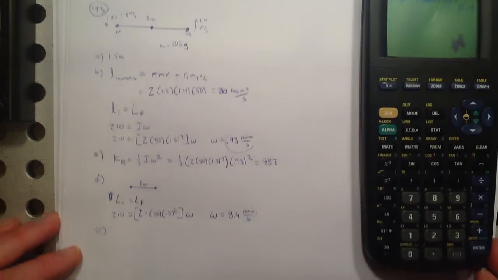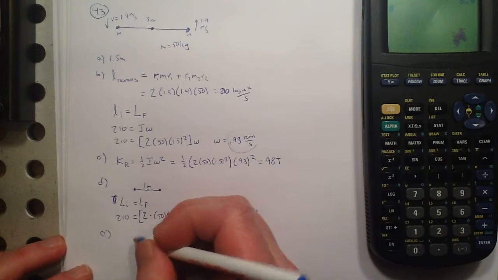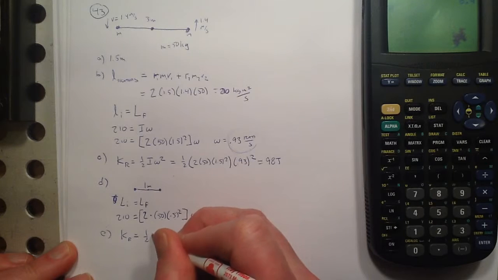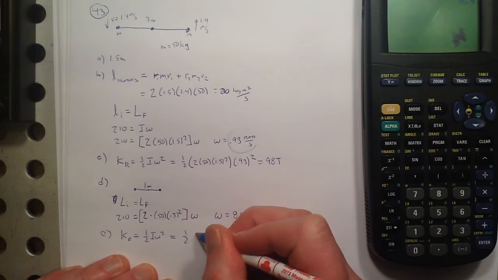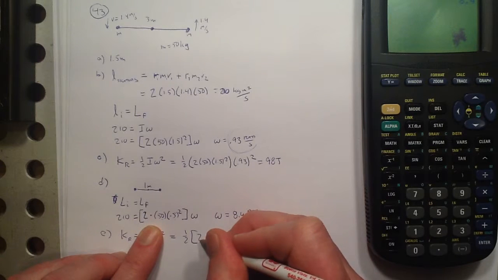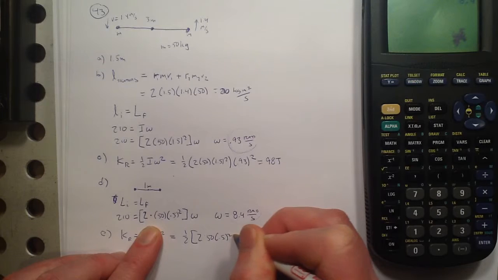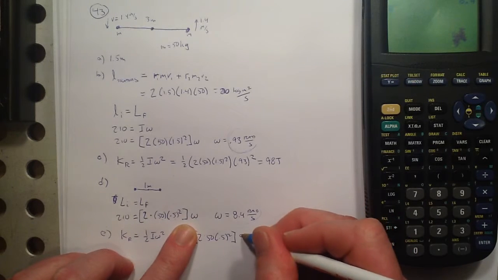Part E is asking what's the kinetic energy of the system now. Well, now the kinetic energy would be equal to 1/2 I omega squared, which is now 1/2 times the new I, 2 times 50 times 0.5 squared, times their new angular velocity squared.